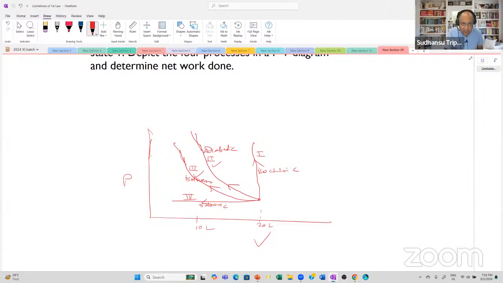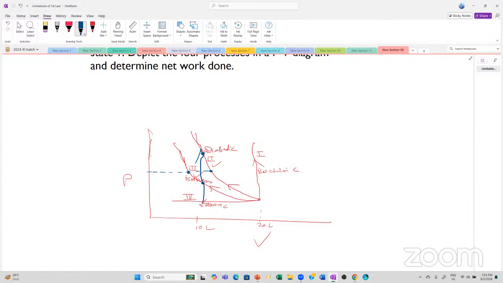Either you can take a constant volume and compare why the pressure of isothermal is less than adiabatic, or you can take a constant pressure and say why the adiabatic volume is more than the isothermal volume. I have given you a clue for me to answer.